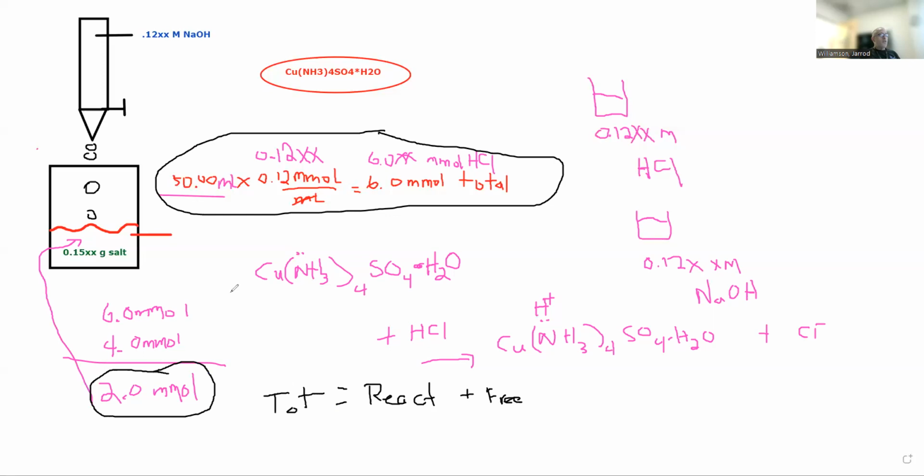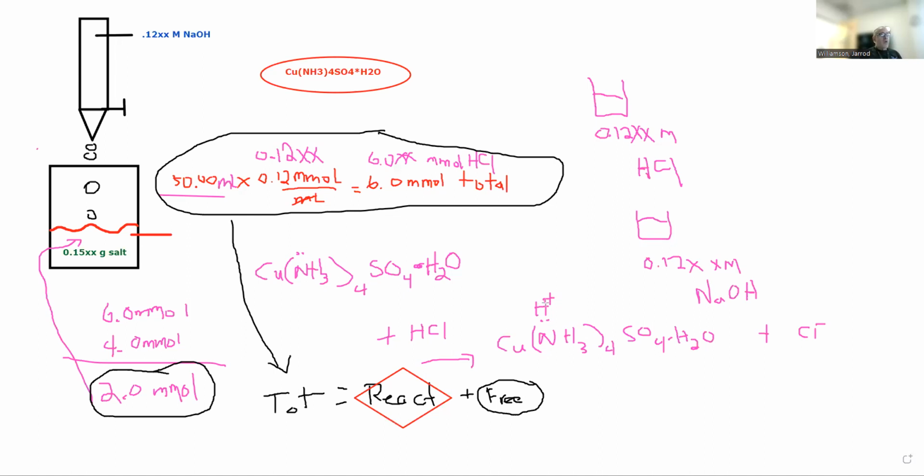If I know the total from here, and I know the free or the unreacted from the titration, I'll then know the amount that was reacted.